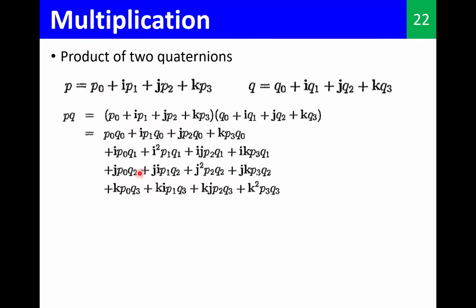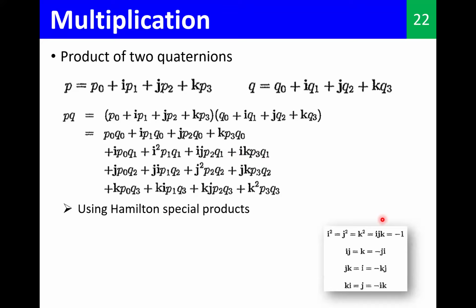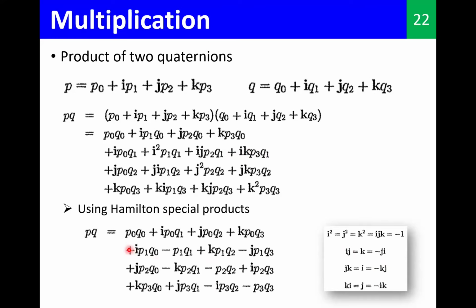When you come across i squared, you put a minus 1. i times j you replace with a k, and i times k is minus j, likewise.